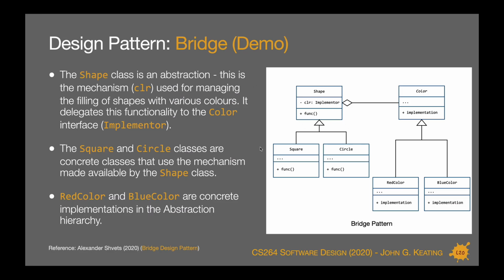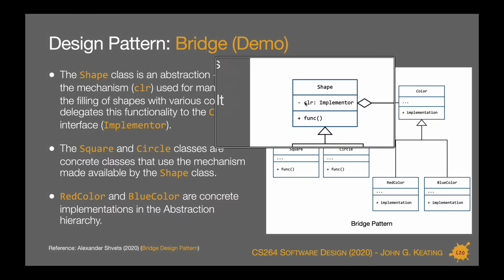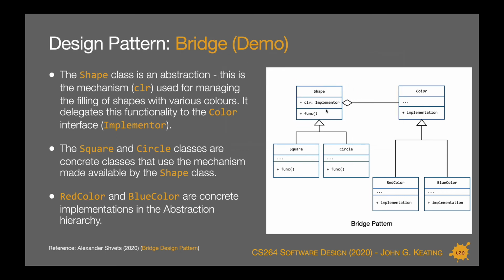Okay, so this looks nice now. We have this shape class, that's the abstraction, and it has some mechanism to manage filling the shapes and colors. That's color, which you see is protected or private here, and it contains that information, which is of type color. Then we have a red color and a blue color, which are instantiations of this, and whatever we need to do.